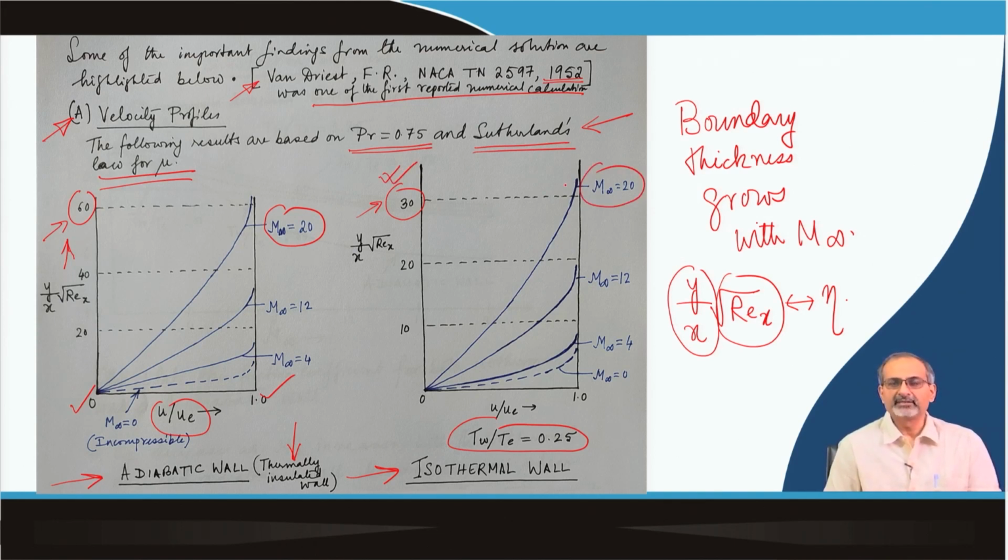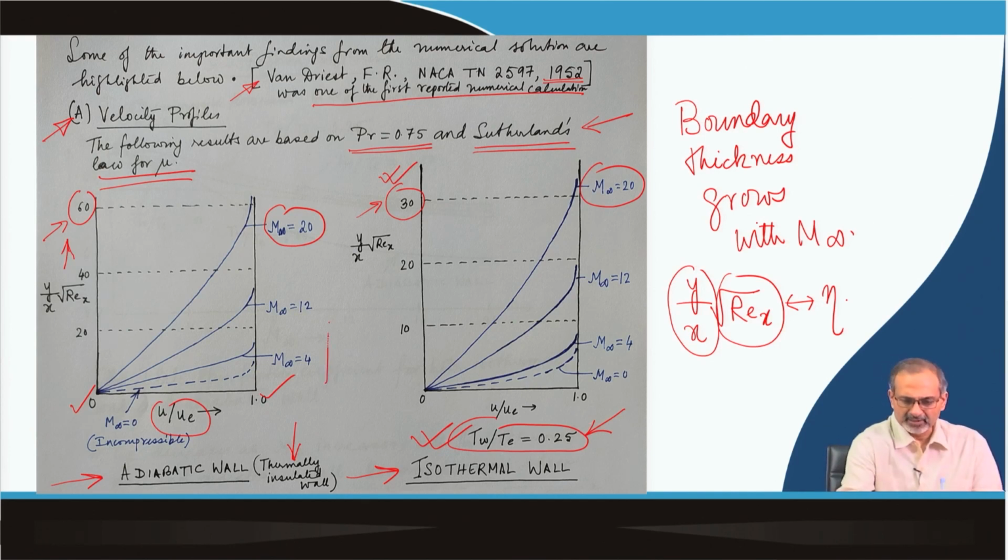One is that in general the adiabatic boundary layer thicknesses are larger than the isothermal boundary layer thicknesses, especially when the wall temperatures are low, which is indicated over here through a ratio of T wall by T e less than 1.